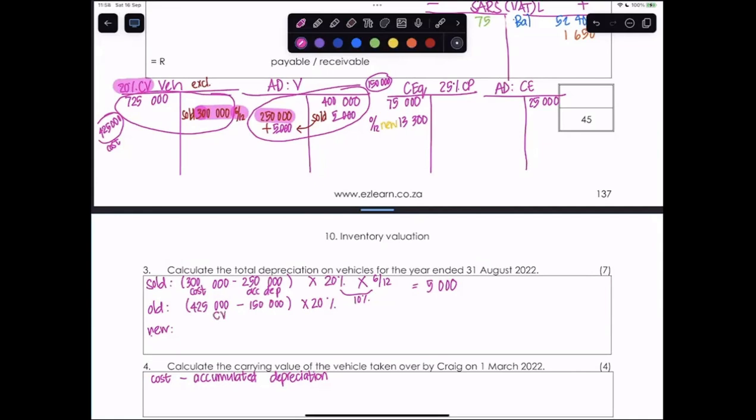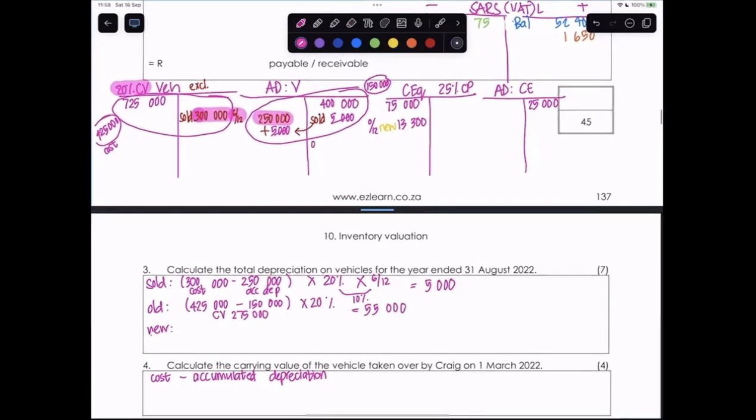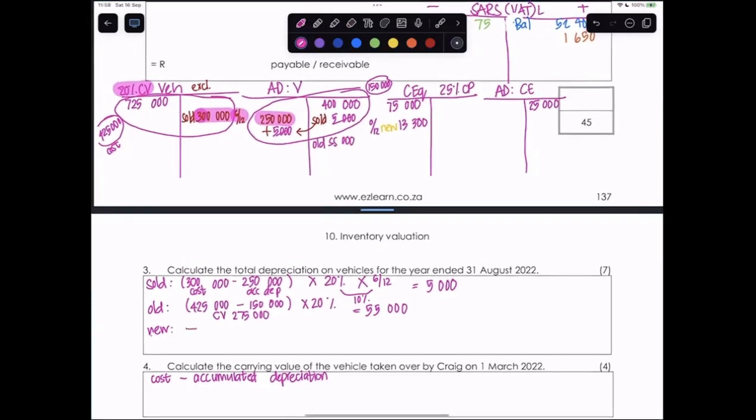You can see your carrying value over here is 275,000 times 20% equals 55,000 on the old vehicles. And you can then show that over here if you wanted to as old 55,000. And then the new, there weren't any new, so that's obviously 0. So your total depreciation is going to be 60,000 on your vehicles.